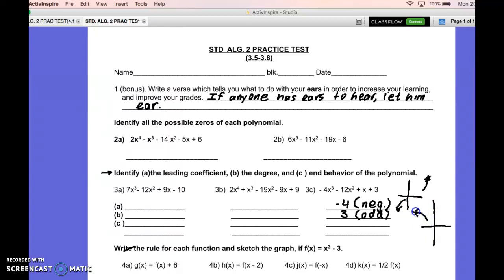So it's going to go this way, this way, or this way. Which do you think it will be?